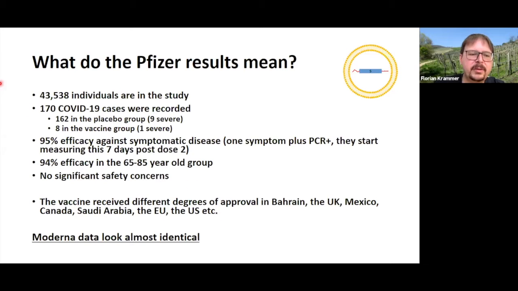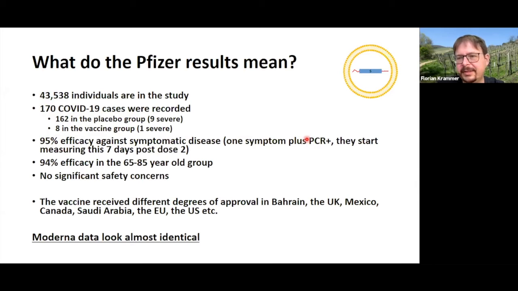For Pfizer, there were more than 40,000 people in that study, and they had 170 COVID-19 cases. 162 were in the placebo group and 8 in the vaccine group. That already tells you the vaccine is working because the groups were roughly the same size. And they calculated that they had 95% efficacy against symptomatic disease, which means one symptom plus a positive PCR.